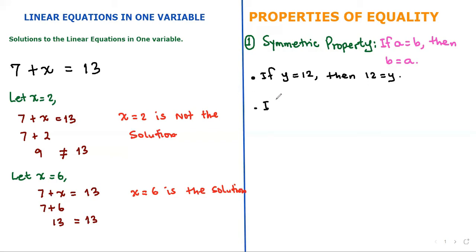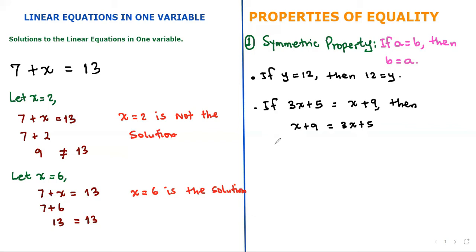If 3x plus 5 is equal to x plus 9, then x plus 9 is equal to 3x plus 5.